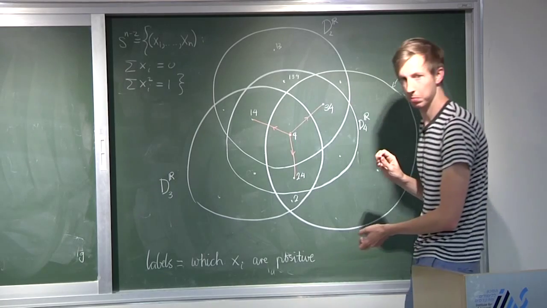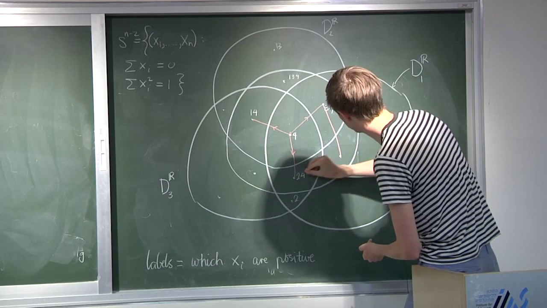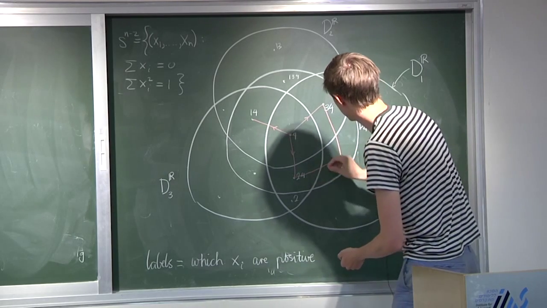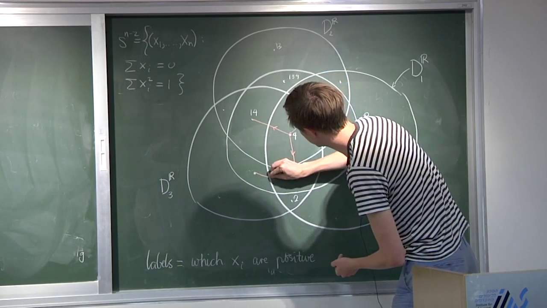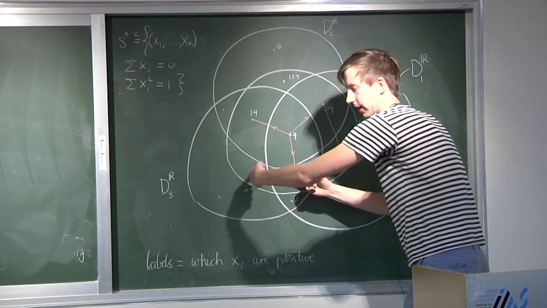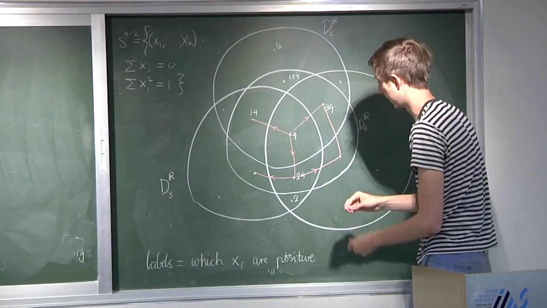So here are some Morse flow lines of our function. It's always flowing transversely across the hypersurfaces, which means when you push it off, it avoids that divisor.